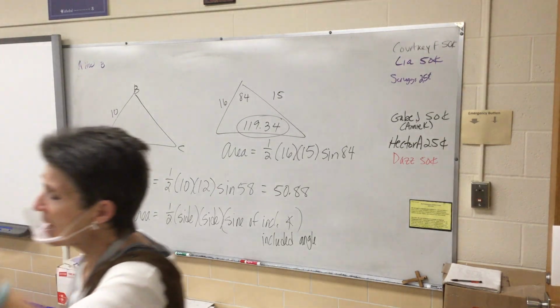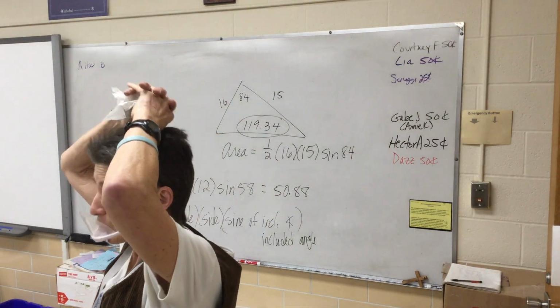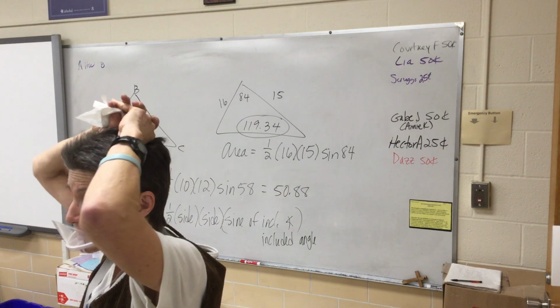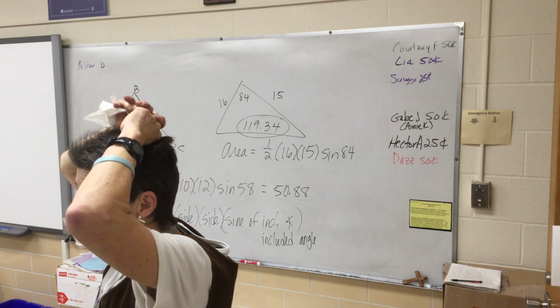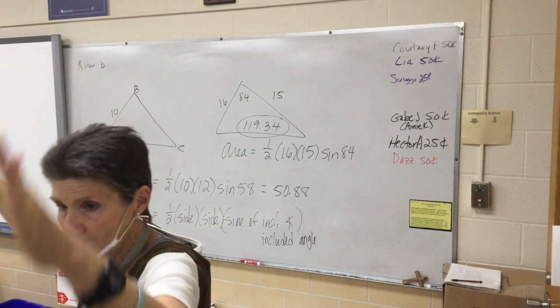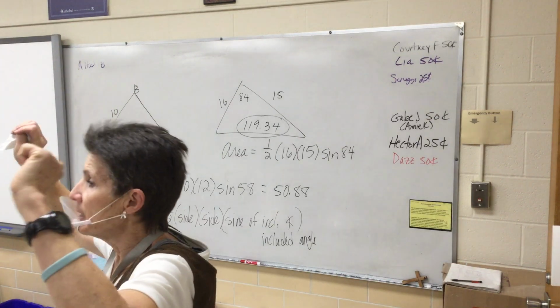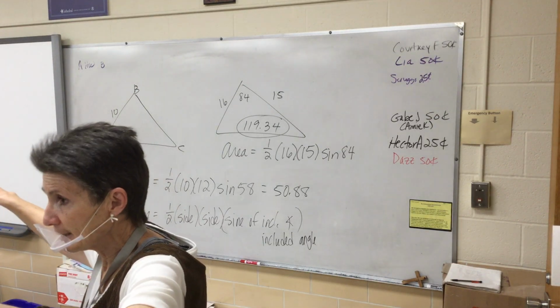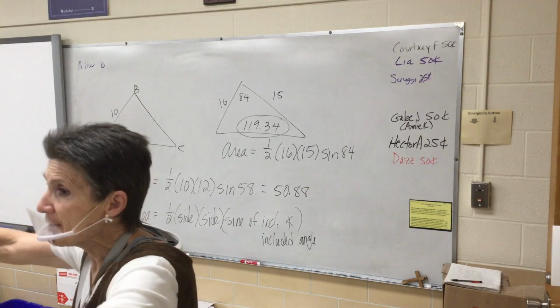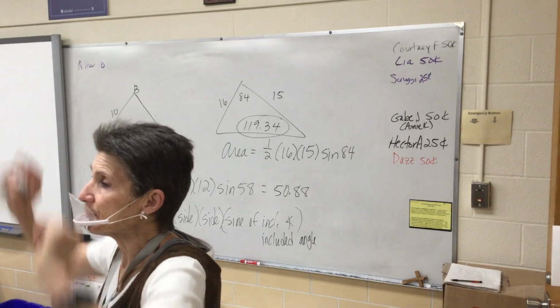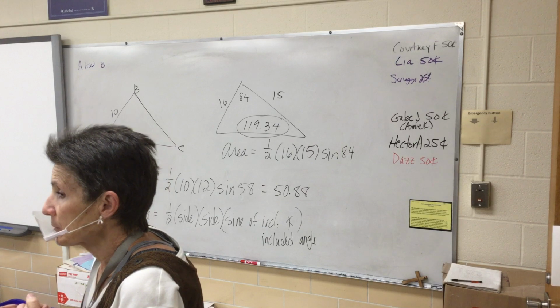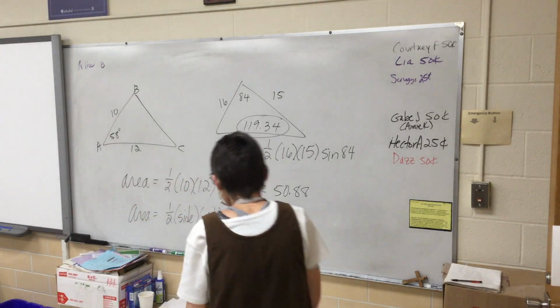And then we have another quiz on Friday. And what is that quiz over? 5.5, which is the law of sines. What does the quiz look like? I gave it to you, right? So you've got that. And then we'll work some more on our notes.